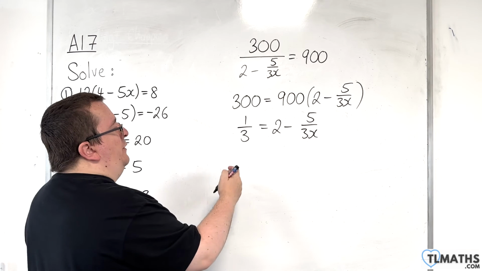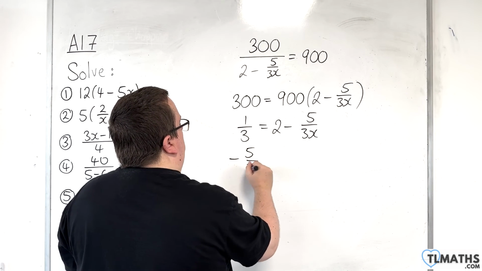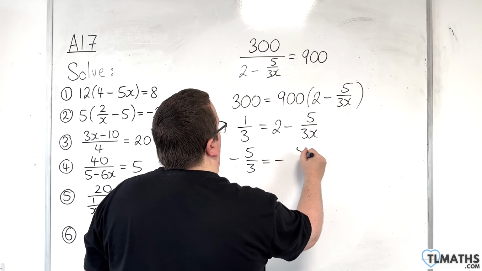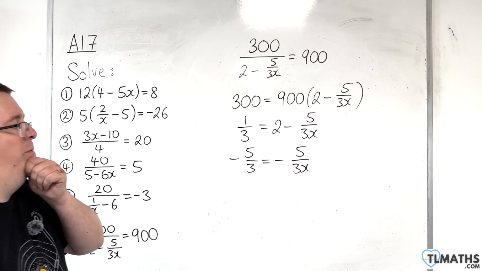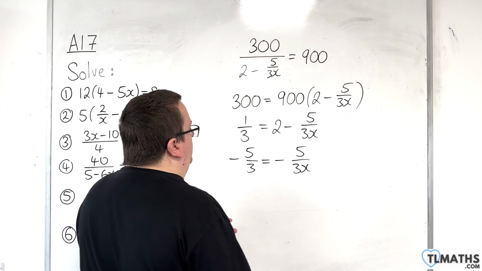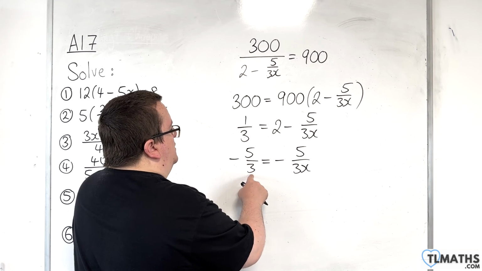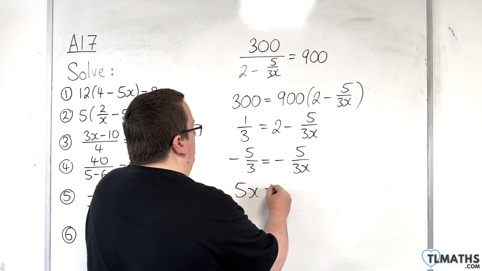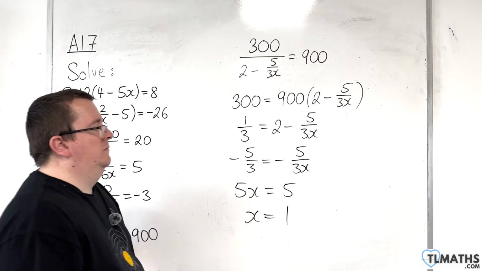Let's take the 2 from both sides, so 2 is 6/3, so we get minus 5/3 is equal to minus 5 over 3x. Okay, let's multiply both sides by minus 3x. It gets rid of the minus, it gets rid of the 3, so we're going to get 5x is equal to 5, and so x is equal to 1.